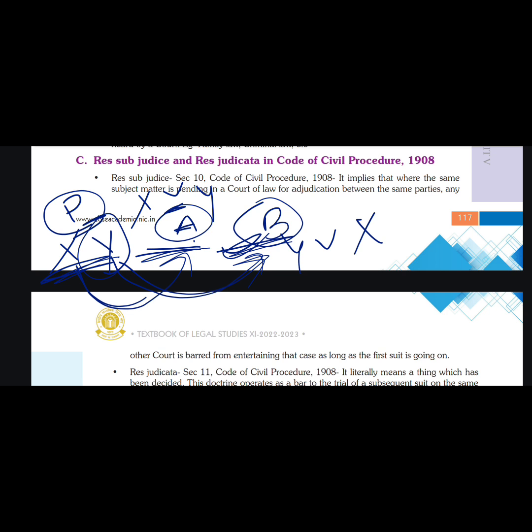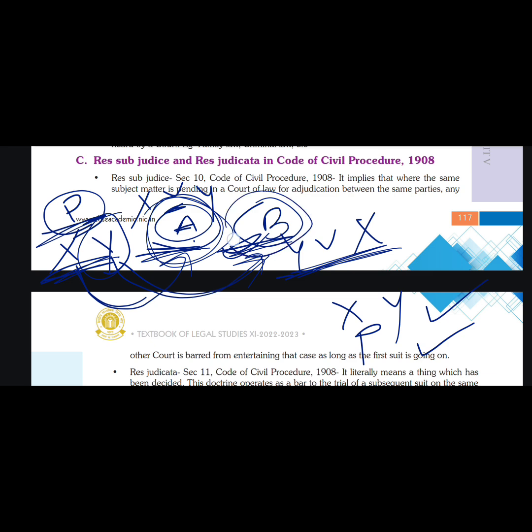Now what happens is, one case between the same parties X and Y, for the same subject matter, that is property P, is pending in one court. The same case is filed between the same parties for the same subject matter in court B. Now there is repetition of the case, right? And even if this court takes it up, what is it causing?